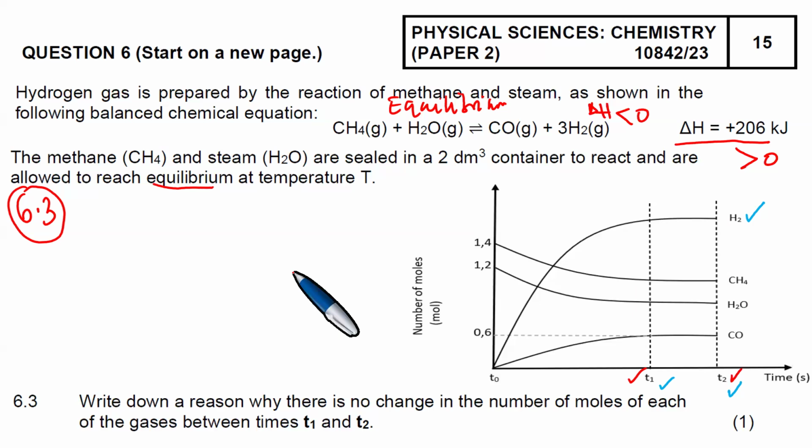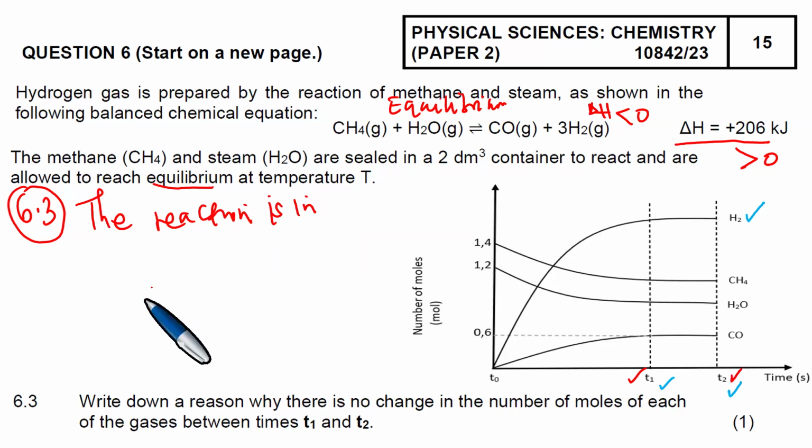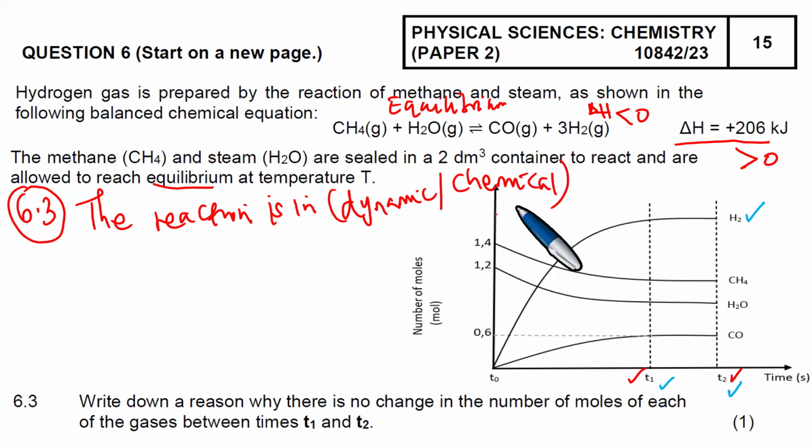We proceed as follows. 6.3. Why are the graphs level? Why are they not increasing from time 1 to time 2? This is the reason. The reason for the level graphs when you're studying reactions in equilibrium is because the reaction is in dynamic, or chemical, equilibrium.